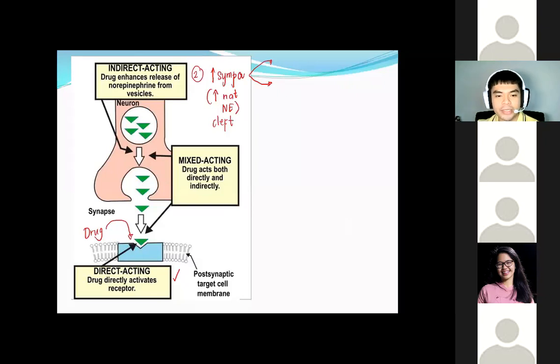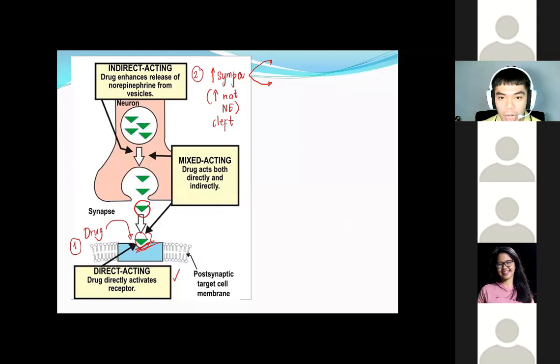So anong difference nito sa direct acting? Ang direct acting, gamot mismo ang magbabind. So direct action siya. Pag indirect acting, hindi gamot ang pupunta sa receptor, kung hindi yung natural norepinephrine pa rin. Kaya lang, marami kaysa sa usual.